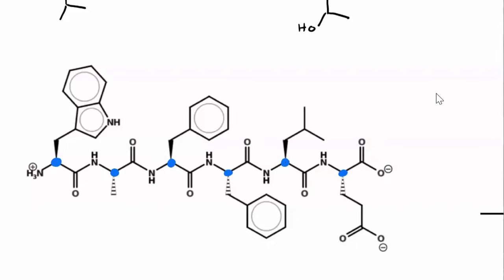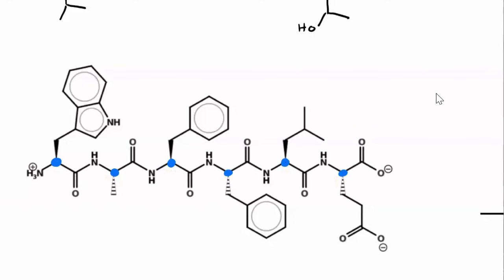So now at those blue dots, that's where we have the side chain. So that means that specifically this peptide is going to have 1, 2, 3, 4, 5, 6 amino acid residues.